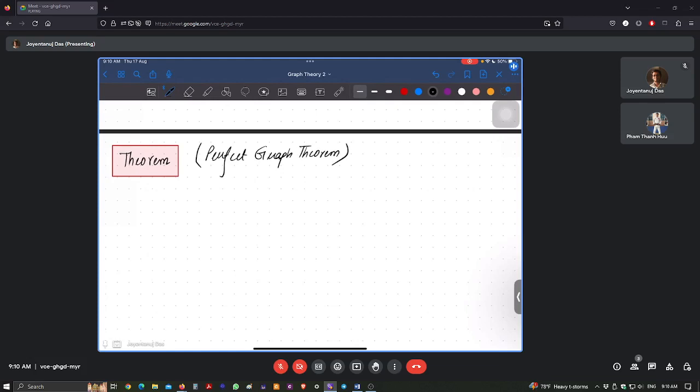The statement is: a graph G is perfect if and only if its complement, G bar, is perfect.